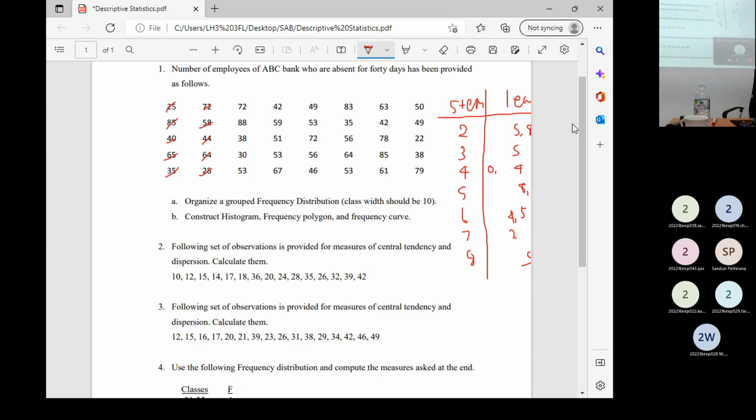Right, again continue: 72, again 2, 88, 38, 30, 53, 53.